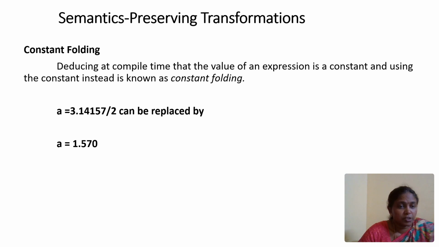The result of this expression is 1.570. So we can directly replace that expression with 1.570. Therefore, the computation of the expression is removed, that is, the division operation is eliminated. So computation time is reduced, and therefore the quality of the code is improved.